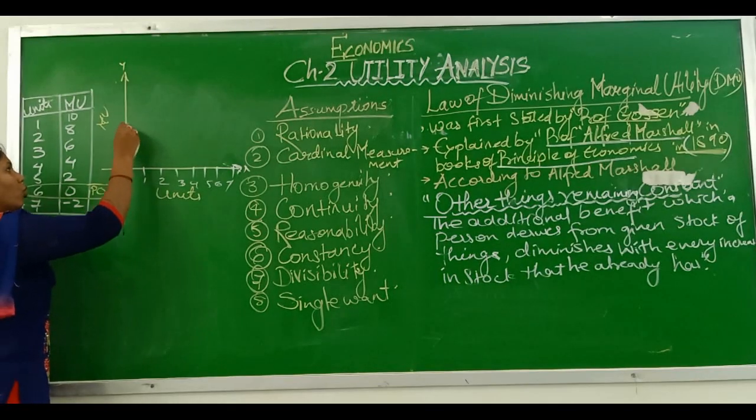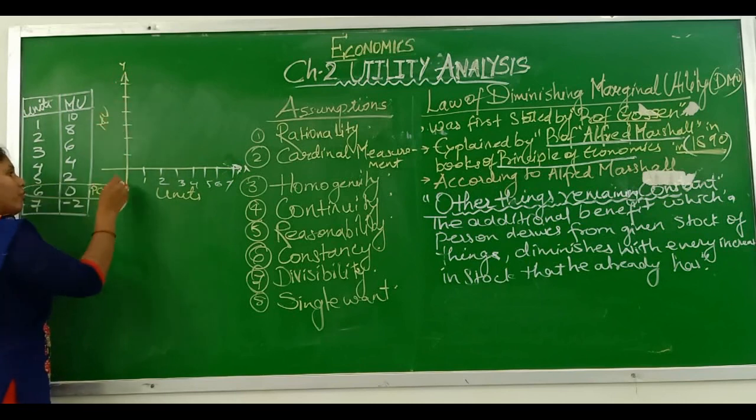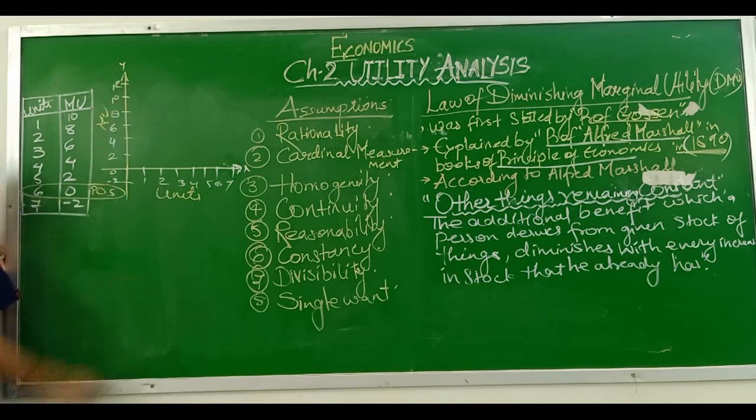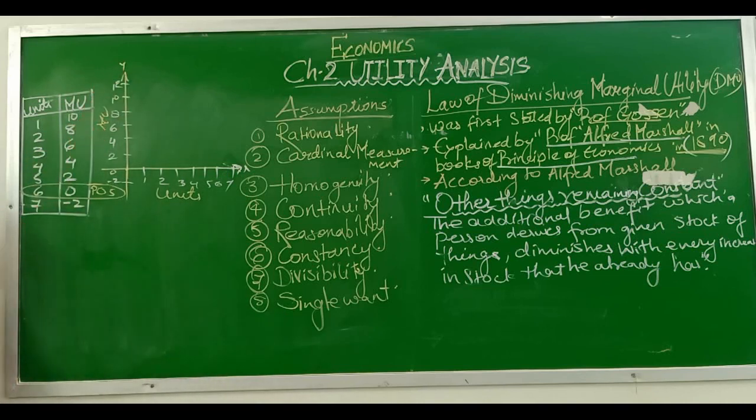Utility: 10, 8, 6, 4, 2, 0, minus 2. If we plot the schedule in the graph, on the x-axis we will show units, on the y-axis marginal utility.